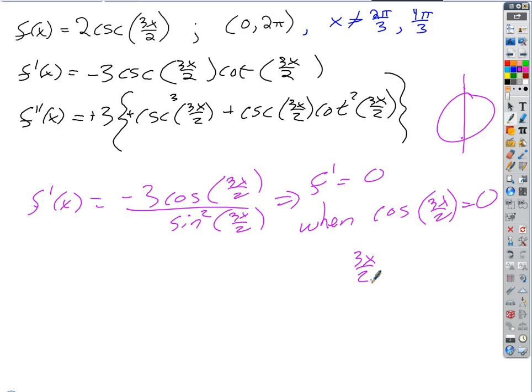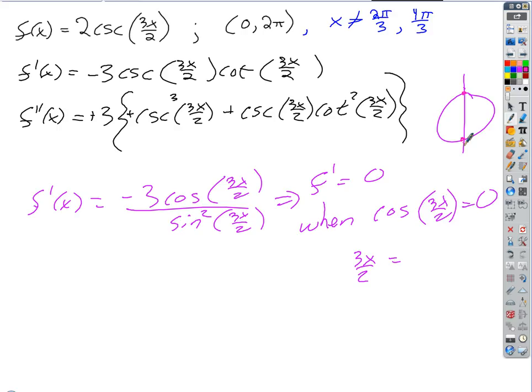What we want to say is, when does 3 halves x equal, how do we say all of these infinite places on the circle at once? We would only need just the 1 and 2. You're right, but what if this had been, for example, something like 7 halves x?